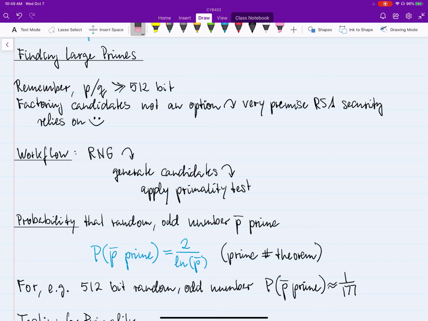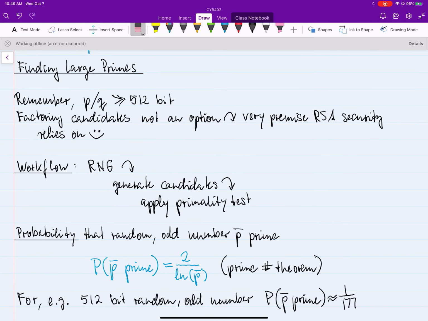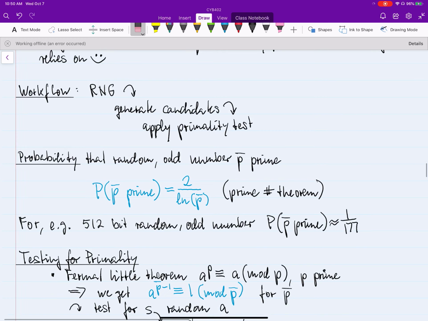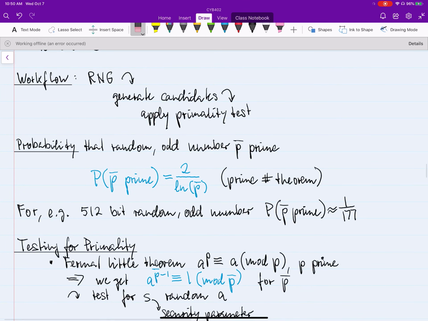That was the very premise and the promise of RSA security. So factoring composite numbers is not an option. So we need a different workflow. What we do is just generate numbers with a random number generator, and then we check whether those numbers are primes. Okay, so we apply a primality test.